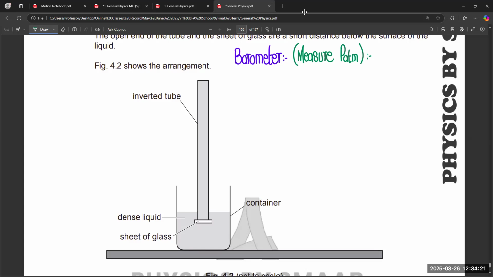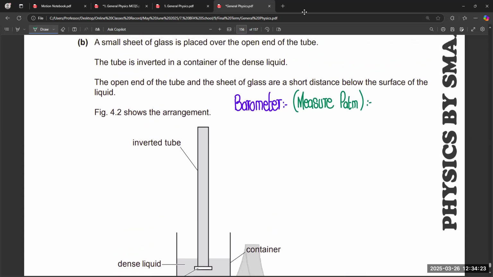In this statement, you can see it is mentioned that a small sheet of glass is placed over the open end of the tube. So when we place a glass sheet over that, it means now we have only liquid in the tube. There are no air particles because it is closed from both ends. Only the liquid particles are there.